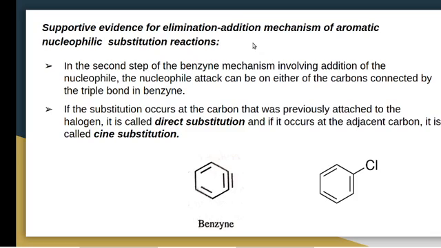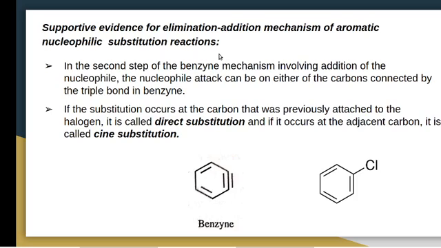So what are the supportive evidences for the elimination addition mechanism? There are supportive evidences for the elimination addition mechanism of aromatic nucleophilic substitution reactions that we are going to discuss.